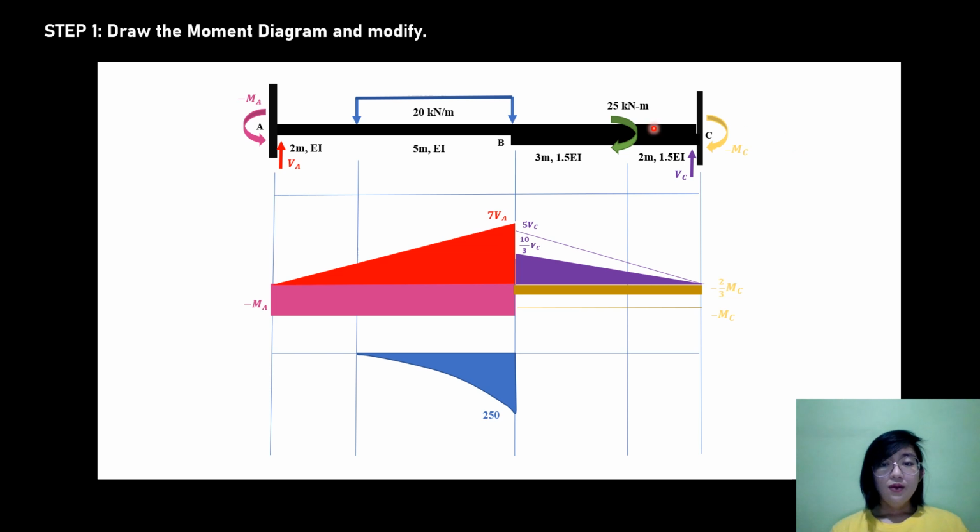So, next, the 25 kilonewton meter na moment. Magiging ganito naman siya, 25, tapos you have to modify it and you have to divide it by 1.5. Magiging 50 over 3. So, tapos na tayo gawin yung moment diagram. Next, we're going to step 2 na.